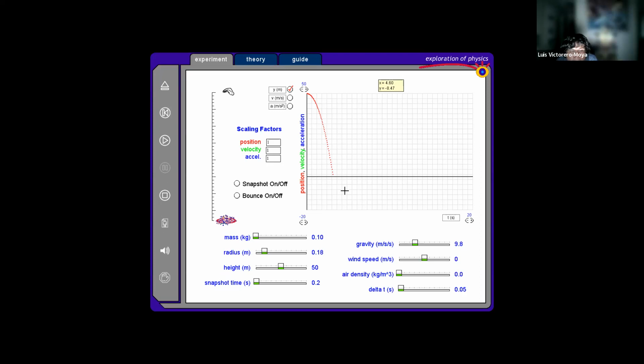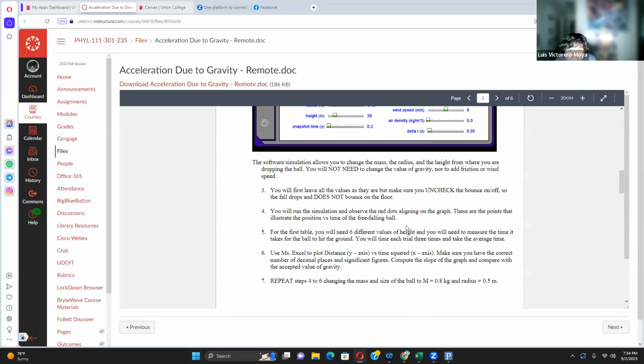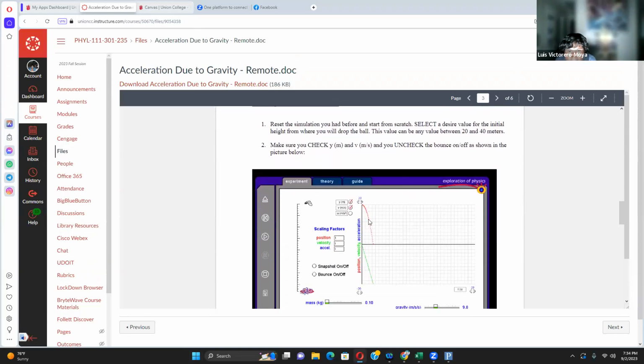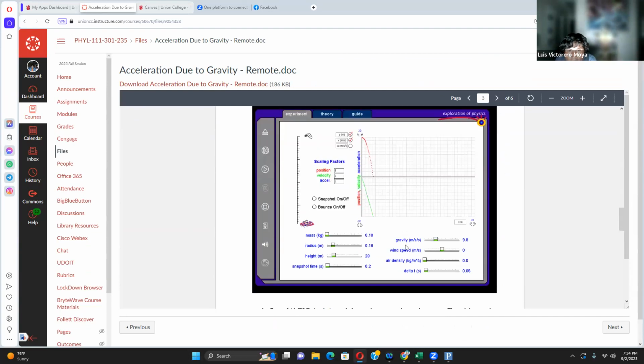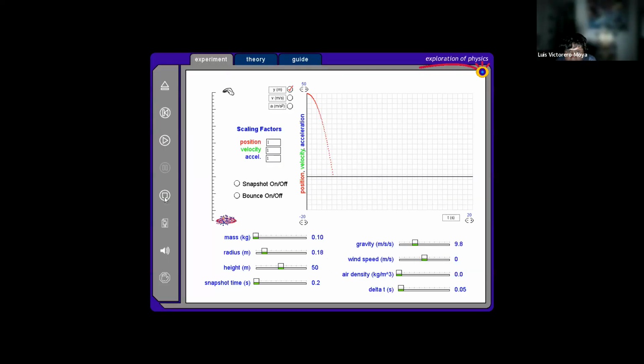The second part will be a bit more tricky though. All right. In the second part, you are going to use both position and velocity. You are going to drop just one ball in this case. You don't have to do it twice. And you're going to plot distance versus time and velocity versus time. So we reset this guy. You're going to click here and click here.